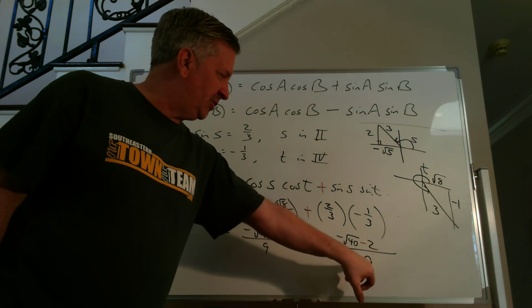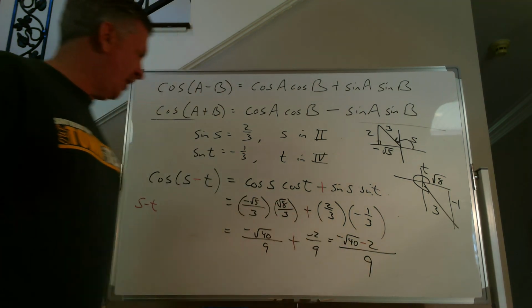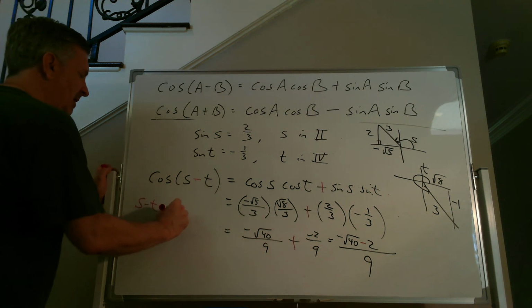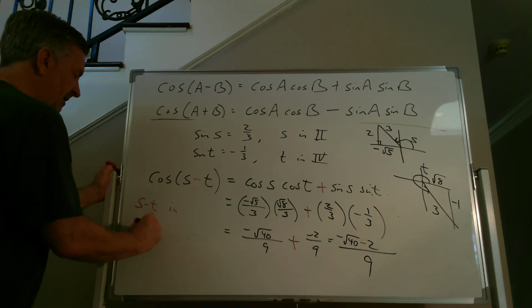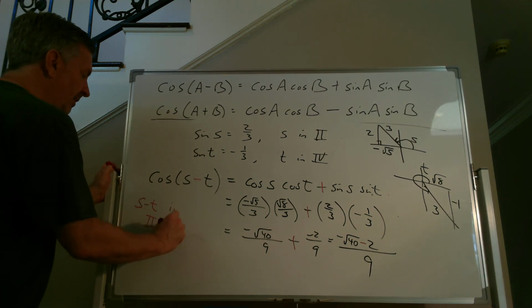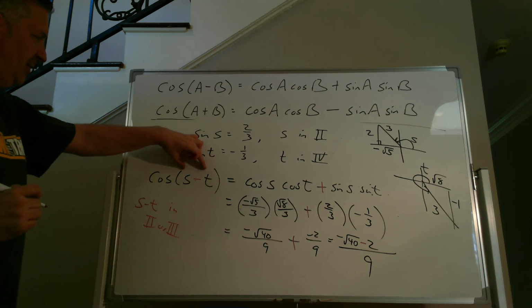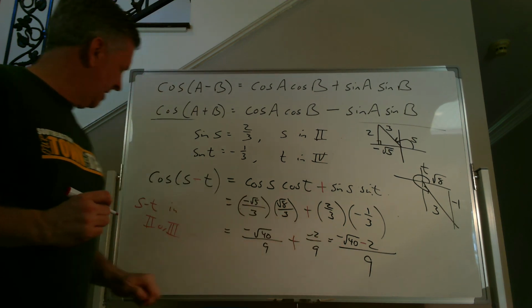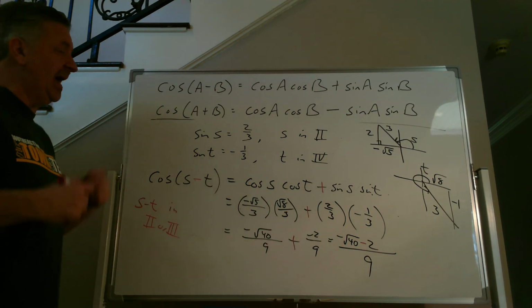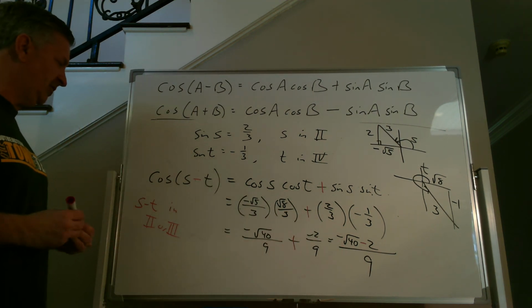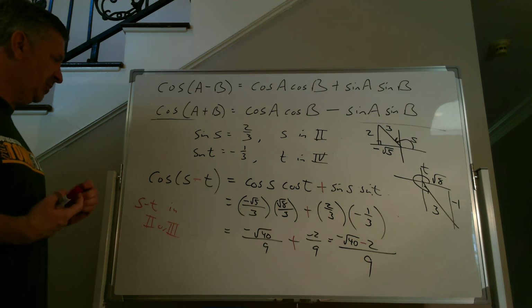Negative root 40 minus 2 over 9 is a negative number. And where is cosine negative? Cosine's negative in the second or the third. So because the cosine is negative, I know S minus T is in the second or third. I don't know which one. I'd have to know another trig function value to narrow it down even further, and we just know the one.